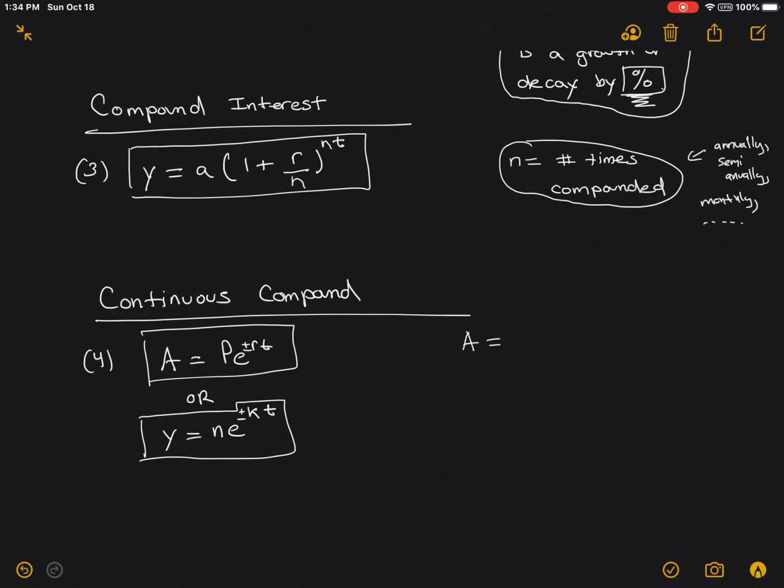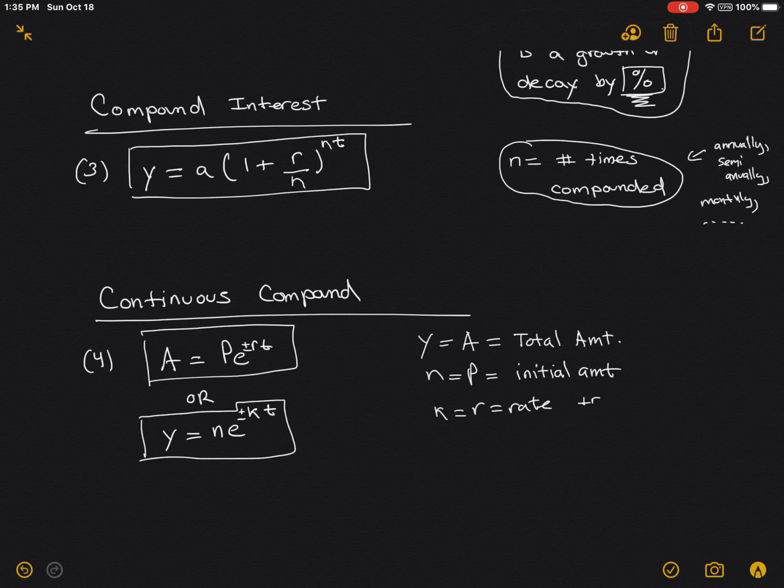So in this one, A is the total amount, P is the initial amount, and R is your rate. Notice I wrote two separate equations, with A or P, and Y or A. Both of these equations mean the same thing.